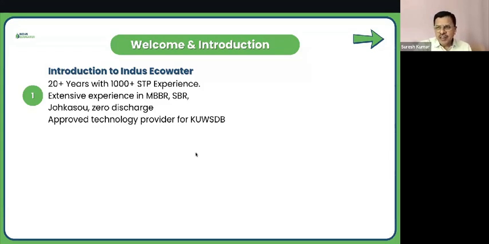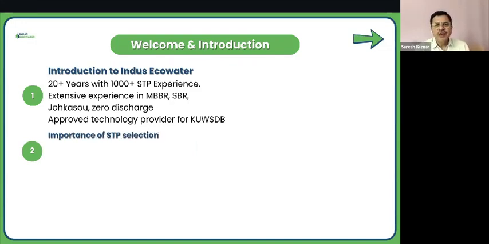And extensive experience in all sewage treatment technologies like extended aeration, MBBR, SBR, Johkasou, and various ETP related technologies like zero discharge, and one of the few approved technology providers from Karnataka Urban Water Supply and Drainage Board. We are one of the very few technology providers as approved by Karnataka Urban Water Supply and Drainage Board. This is for our SBR STPs. Okay, somebody like Xylem and CTech. So we are one of those few people.